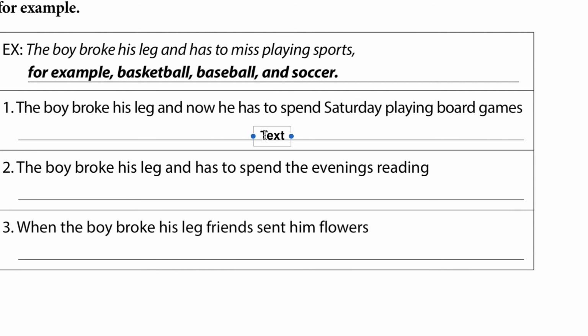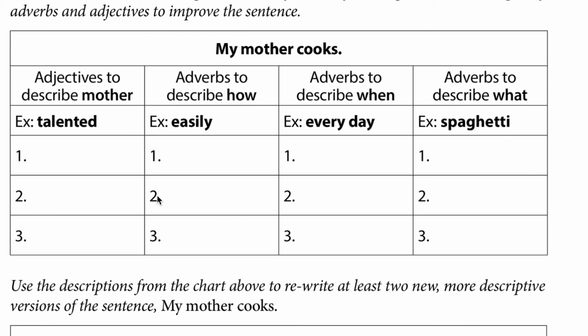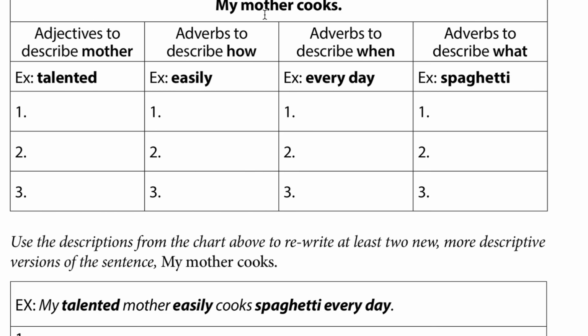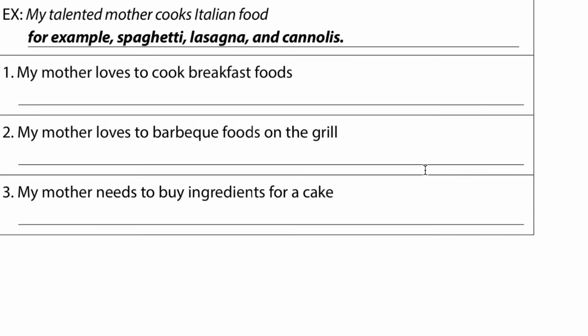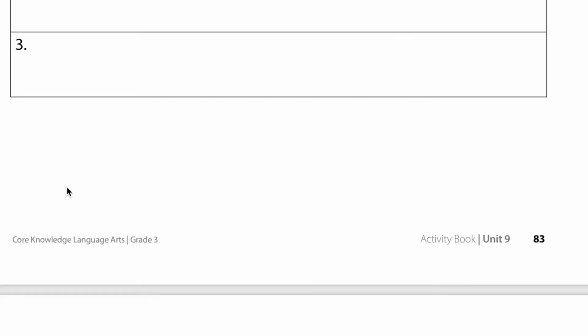And you're going to start by writing, for example. Okay, this example that they're giving us here, they didn't start a new sentence, so you don't need to do a capital. You just need to write, for example, and then give some examples. Okay? Don't forget that there's also a continued page here with my mother cooks and all of this. Okay, so you're going to go all the way to page 84 today.